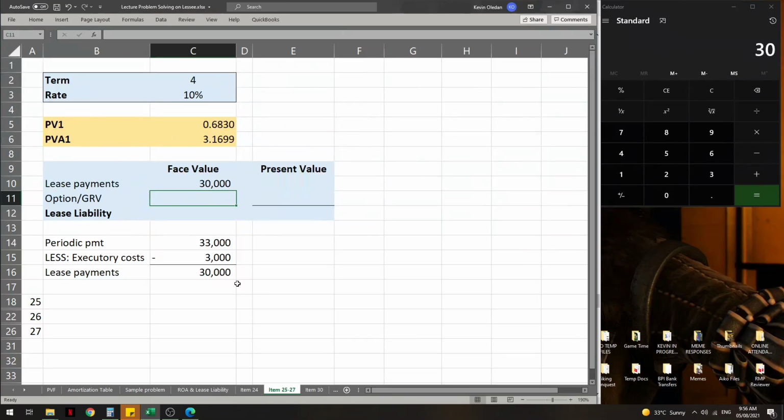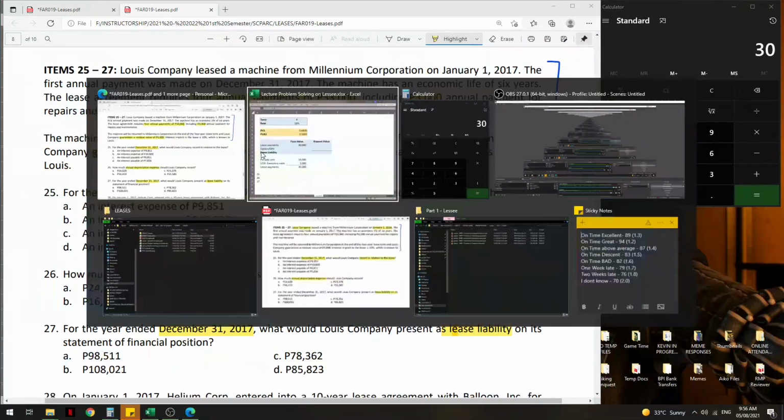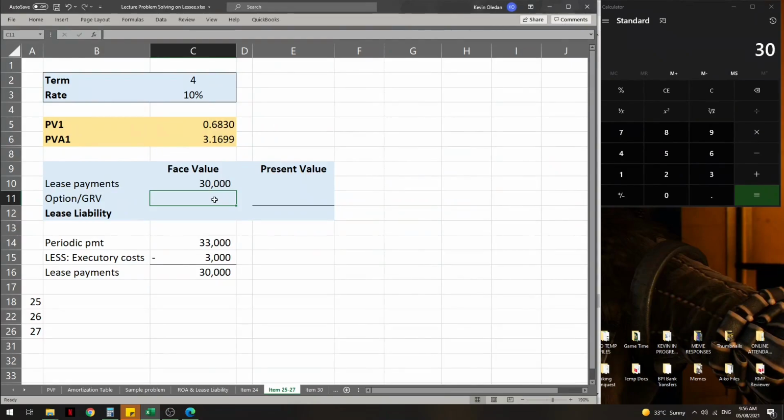There is also a mention of a guaranteed residual value. In our problem, ang given dito is 5,000. Guaranteed residual value, which you need to include as part of your lease liab. Remember, LOG, guaranteed residual value will be included expressed in present value, of course. So, itong 5,000 na to, na guaranteed residual value, we will include that in order to arrive at our lease liability, which is the sum of their present values here.